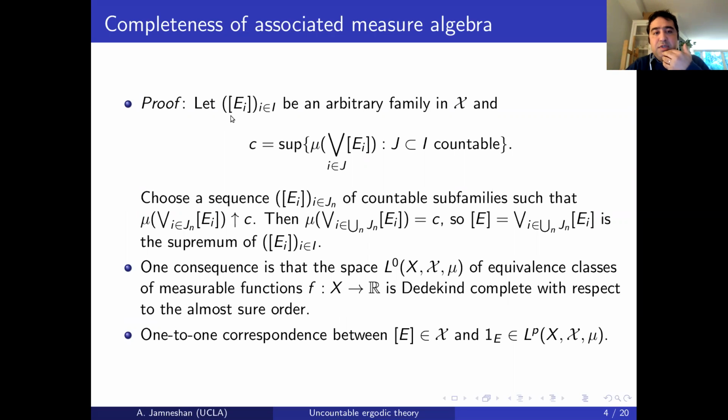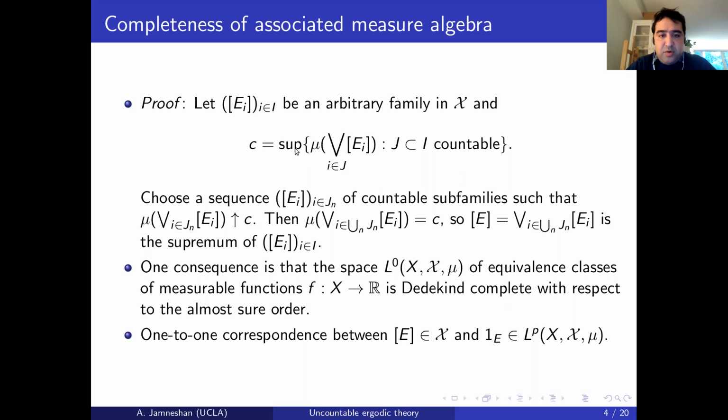So suppose we have an arbitrary family of measurable sets, so equivalence classes of measurable sets in this quotient algebra. And what we can do, we can form the supremum over the measure of the union of any countable subfamily of that family.